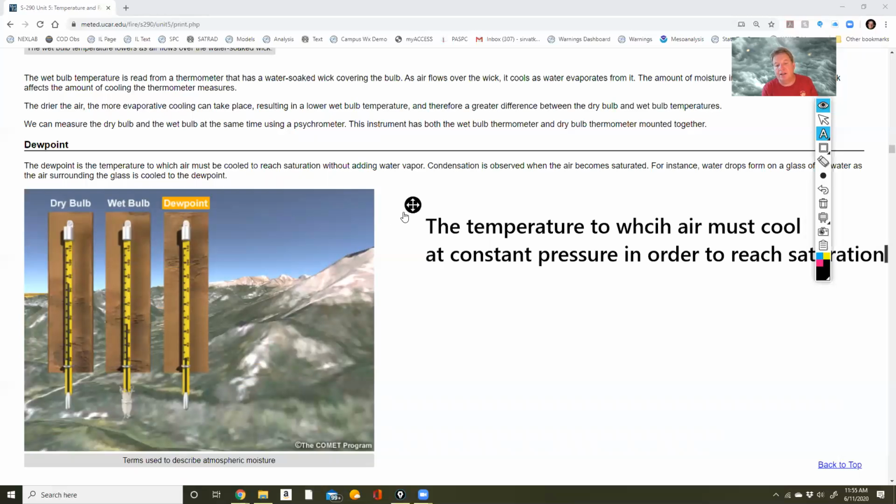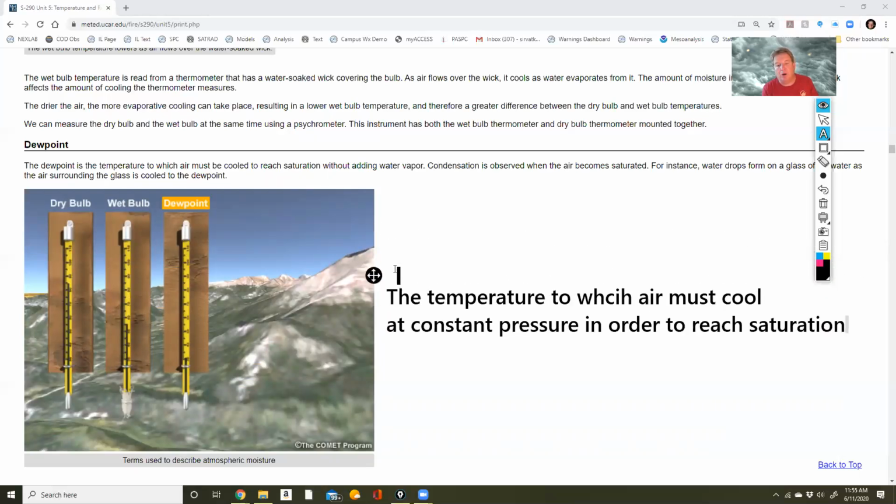That is what is called the dew point. Oftentimes we will say the dew point is T with the little subscript D. That's called the dew point temperature.